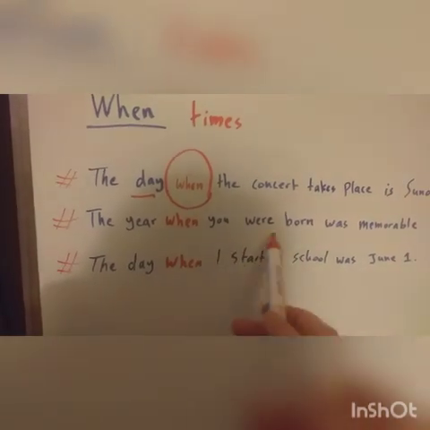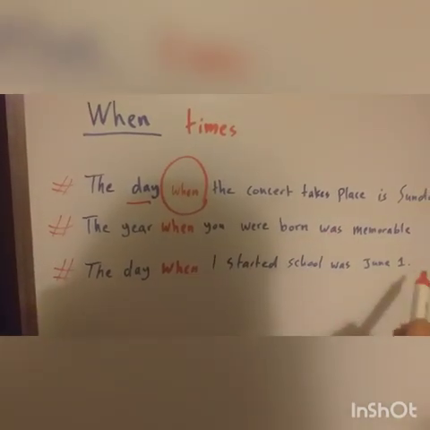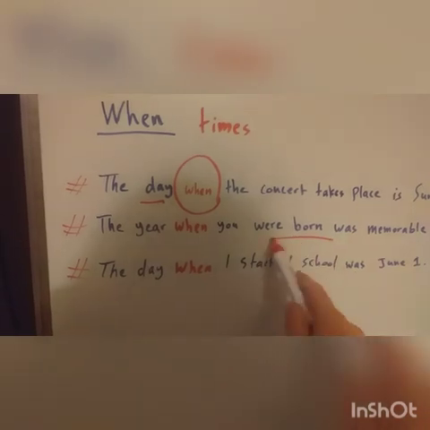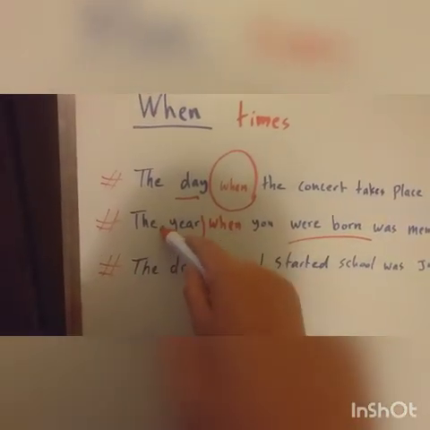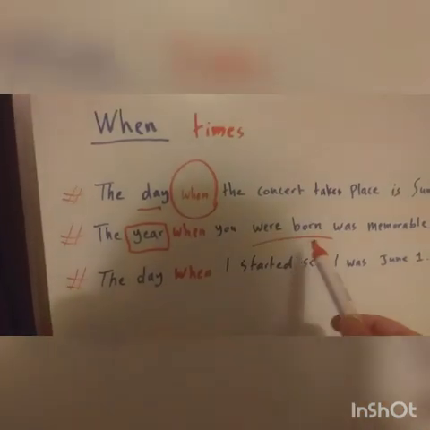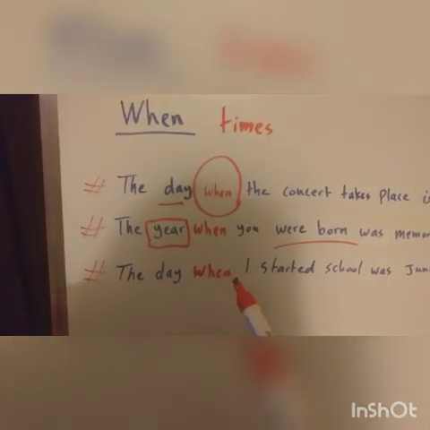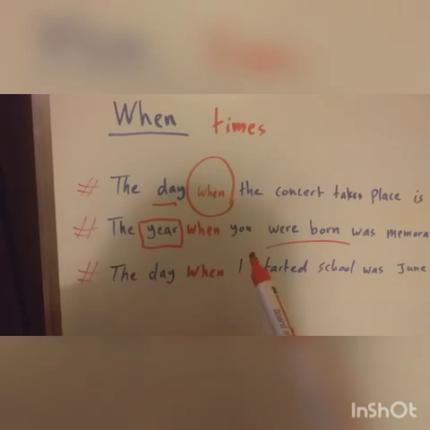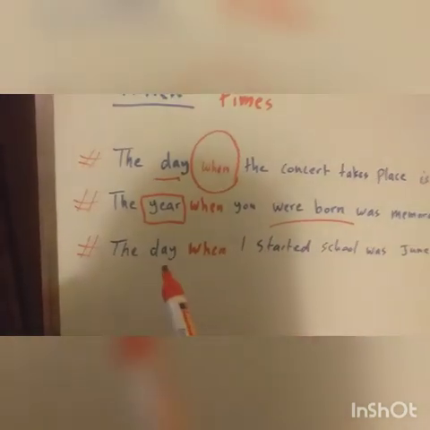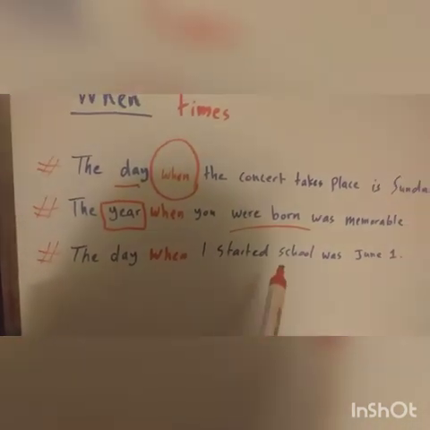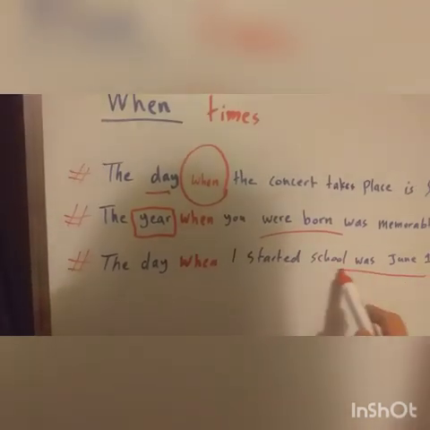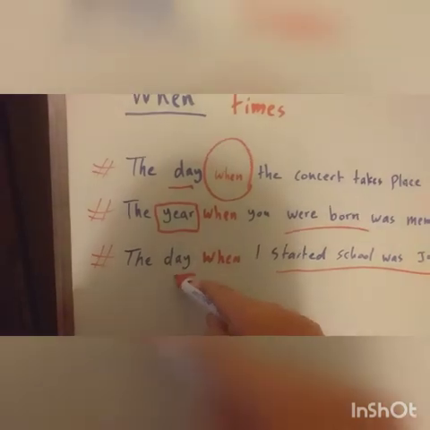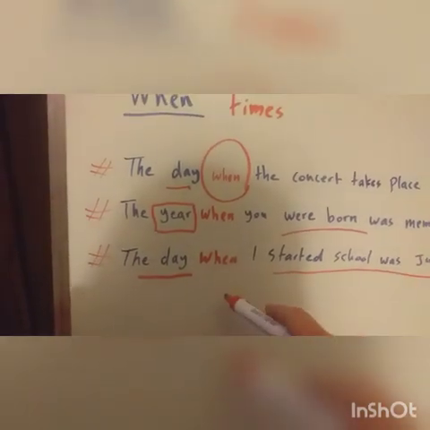The year when you were born was memorable. We have related this clause to the year, when you were born. The third example: the day when I started school was in June. Here we have related the day I started school using the relative pronoun when.